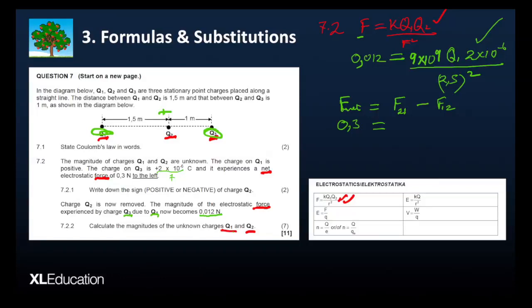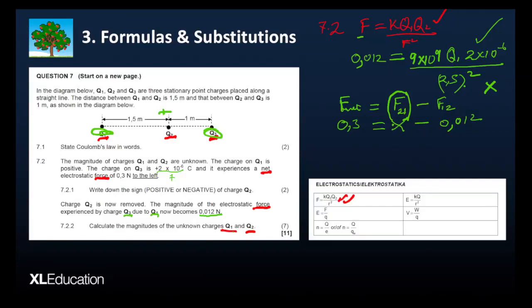The force of 2 on 1 is what we have calculated here. So we need to bring the answer that we have calculated here, we bring it there. Let me just say this answer is X. So we are going to bring our answer here. Then we subtract this one that is given, which is 0.012. Then from there, we can find this. Then from there, when we get our answer here, which is going to be an addition of this and that.